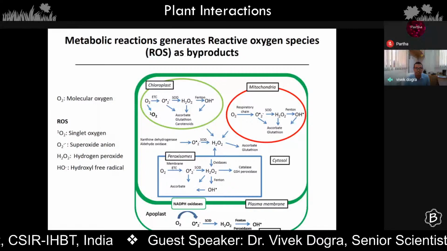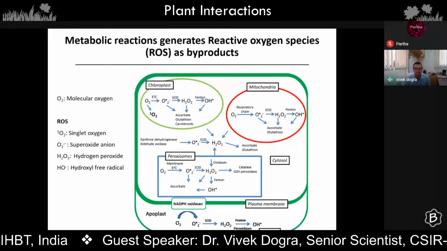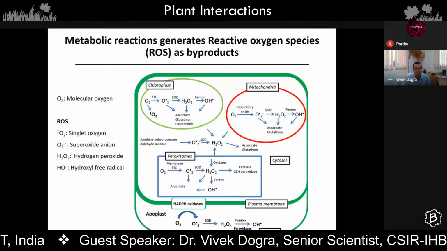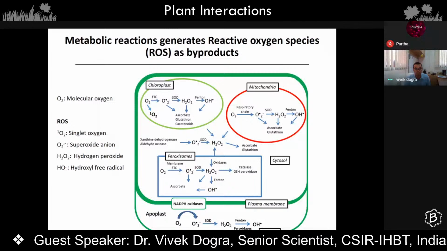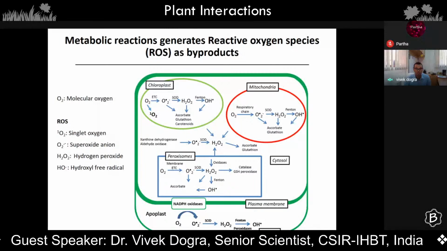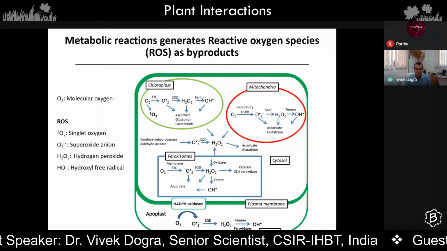For the generation of ATP and NADPH, which happens especially in the chloroplasts and mitochondria, they generate a lot of reactive oxygen species, because oxygen has a chemistry such that it can accept electrons.